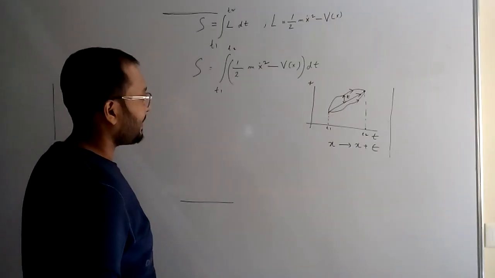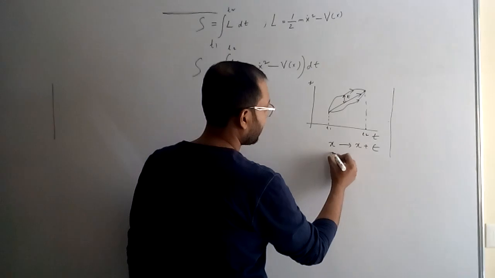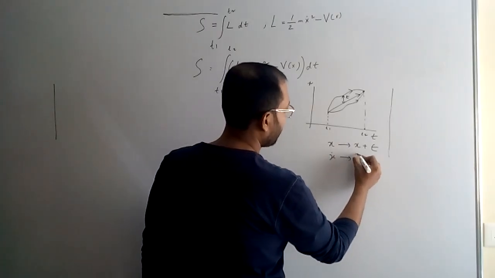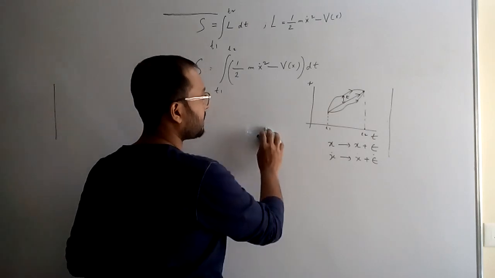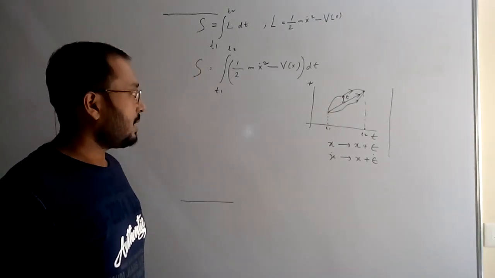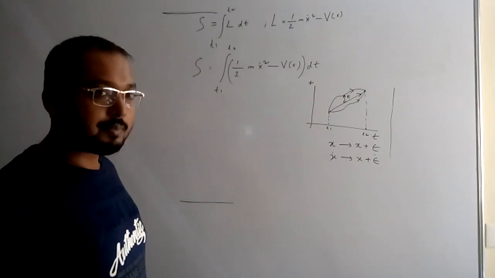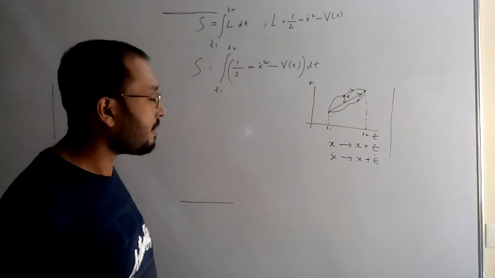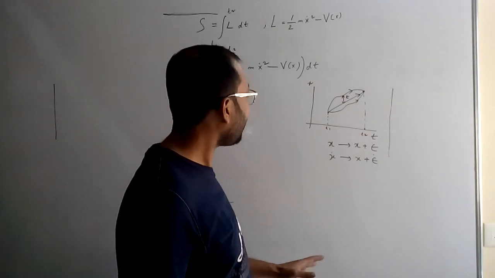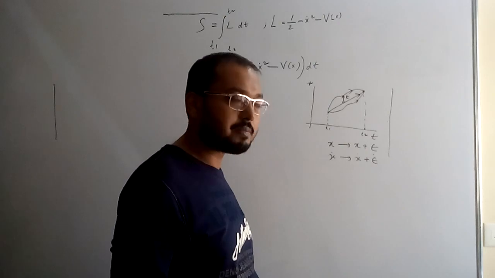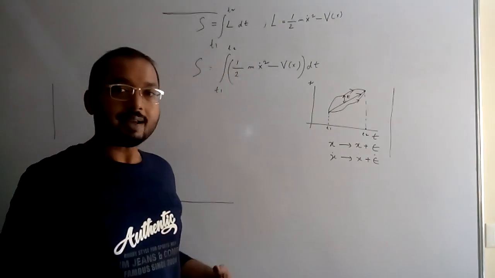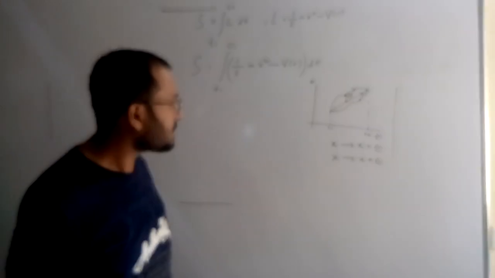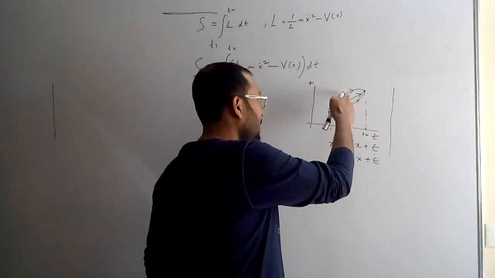In that case, x dot will go to x dot plus epsilon dot. Now I no longer need this diagram. You must assure yourself that all I'm trying to say is that there is a correct path, and for that correct path the action is minimum or stationary, and in trying to find that correct path I've missed that correct path by a very small amount epsilon.